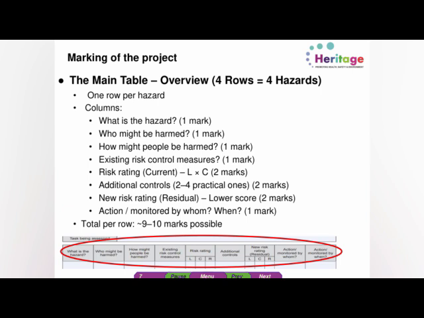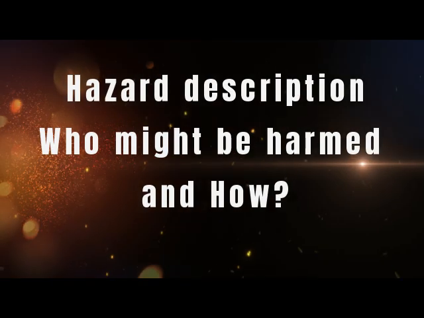In the next few slides, I'll explain each column in detail with good and bad examples. Remember, be specific, realistic, and show clear risk reduction. That's the secret to scoring well.